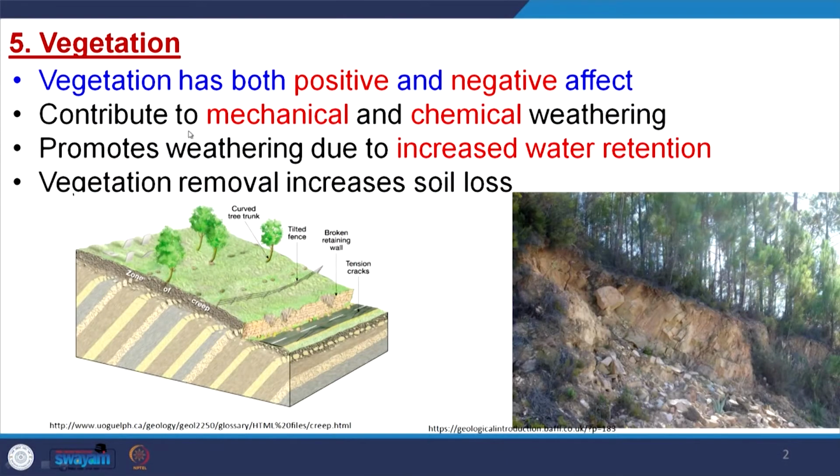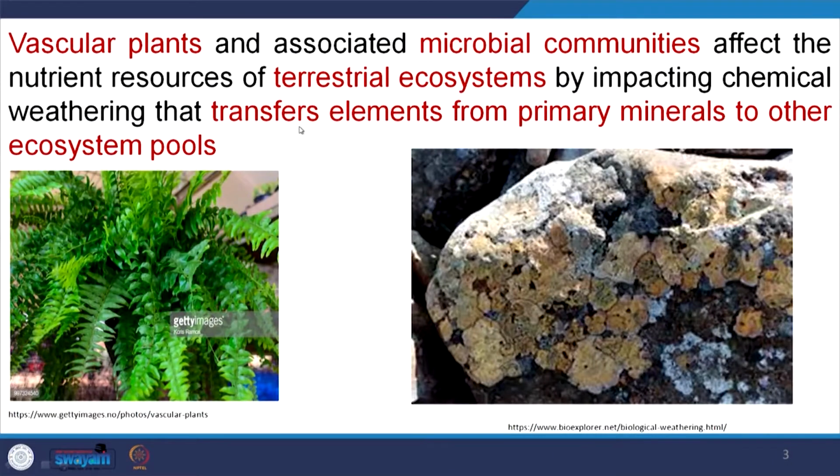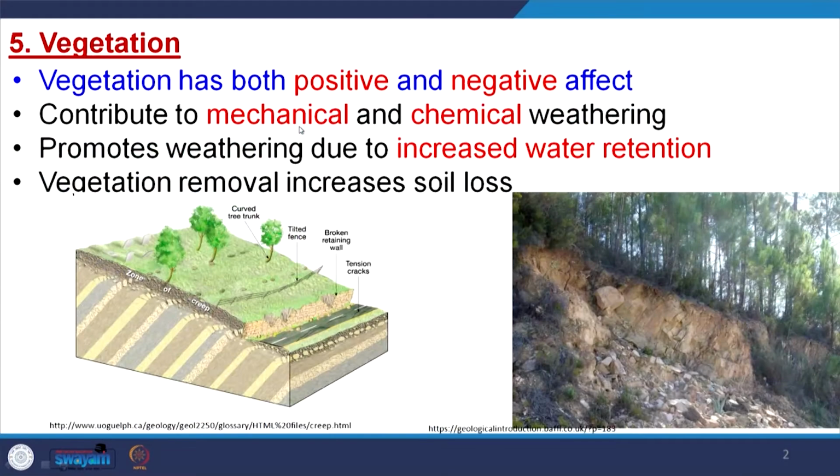Negative in the sense it contributes to mechanical and chemical weathering. Mechanical weathering means that through the roots of plants, it breaks the rocks into pieces.